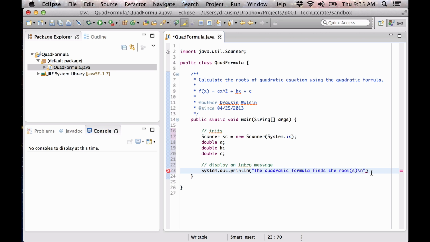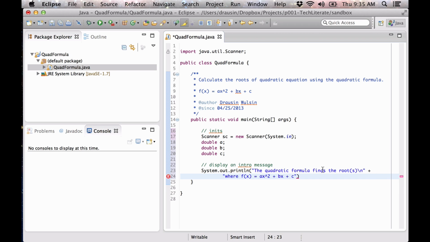So what I do is I put in this newline character there, which doesn't print out that \n, but it just prints a new line, and then I'm going to continue my string here. This is just for the user, so the user can be reminded of what the quadratic equation looks like.